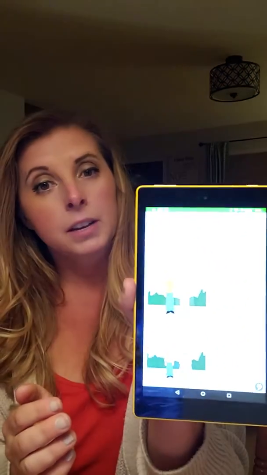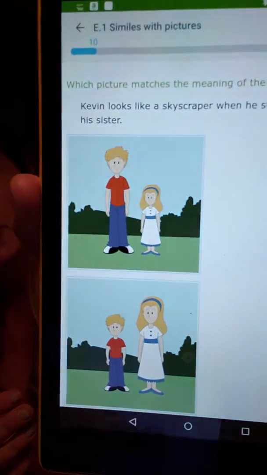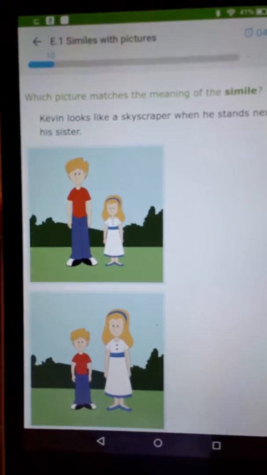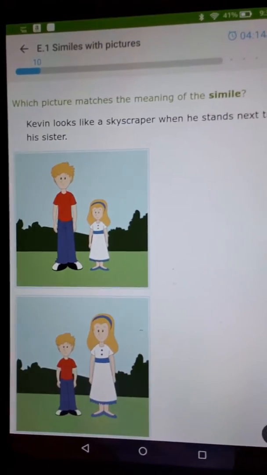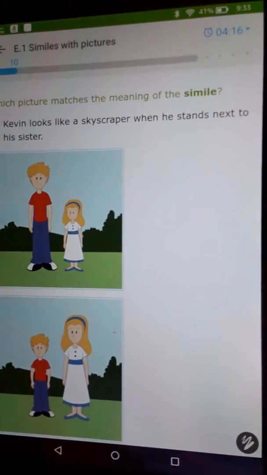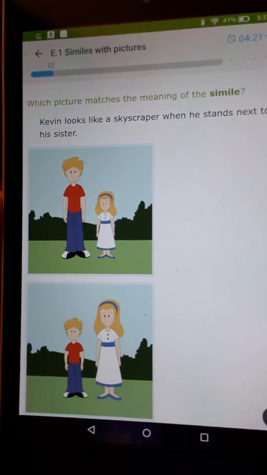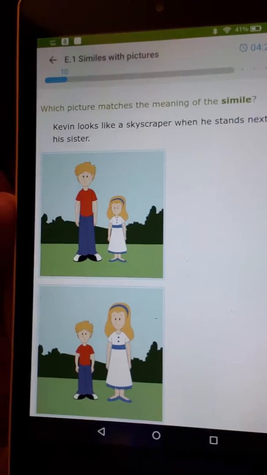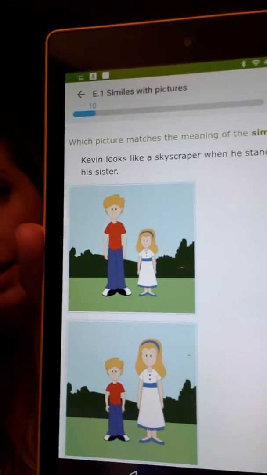Now, it counts down, so it keeps going based on the level is how many pictures they would see. So you could say Kevin looks like a skyscraper when he stands next to his sister. Skyscrapers, are they tall? Are they small? Which one makes Kevin look like a skyscraper?